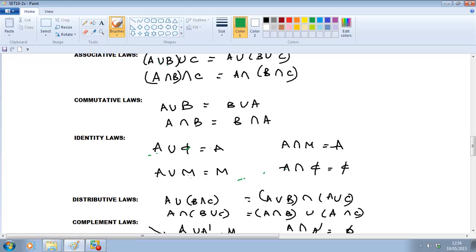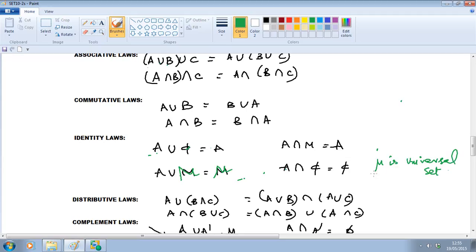A union mu. What we call mu means universal set. We write mu like this, actually, universal set. Universal set means combination of all sets, so A union universal is equal to mu.